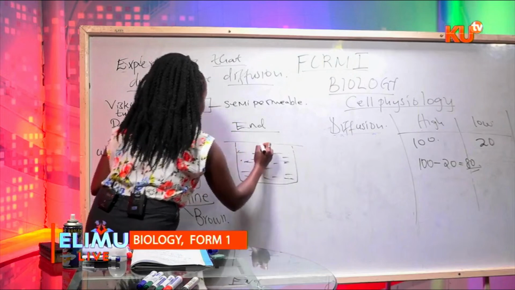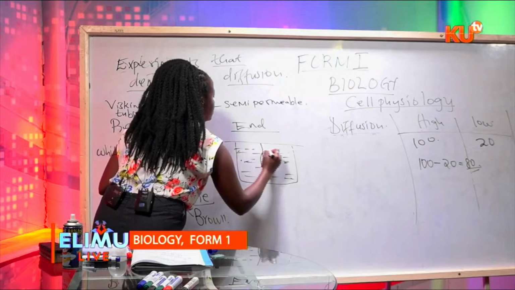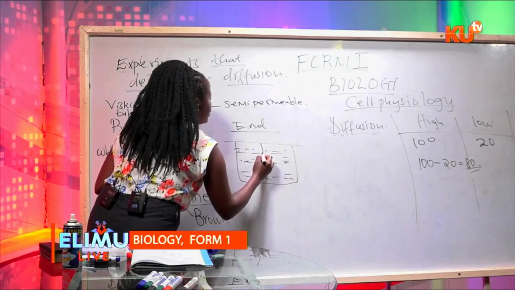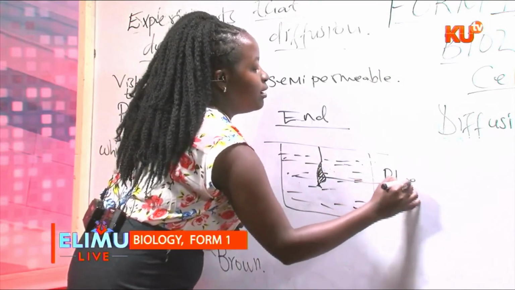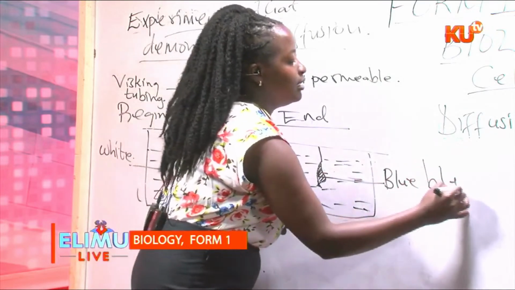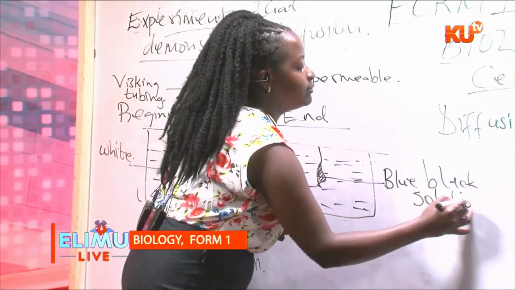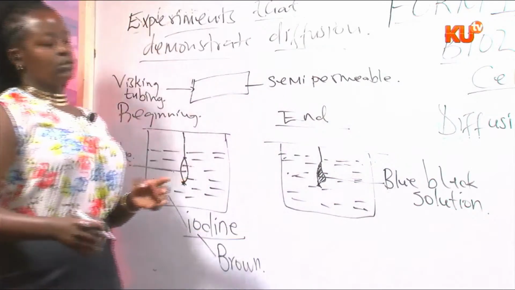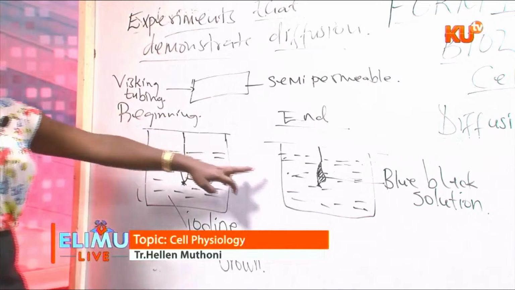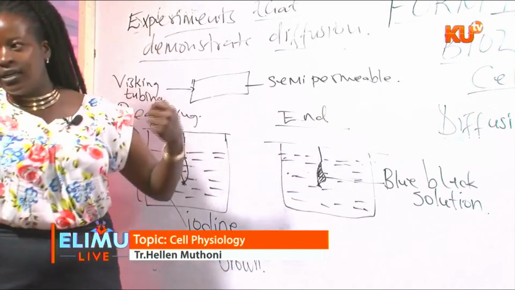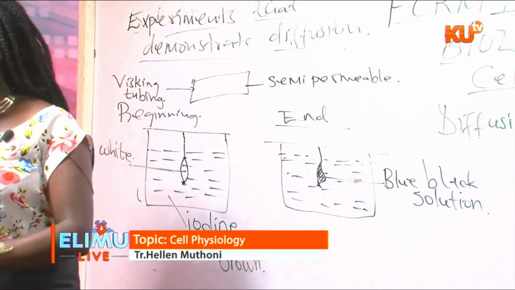So this is the same beaker, and this is the starch solution, and it will have formed a blue-black solution. The observation after this starch solution is removed is that it will have turned from white to blue-black.